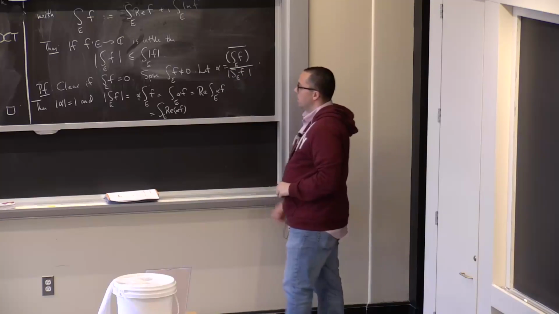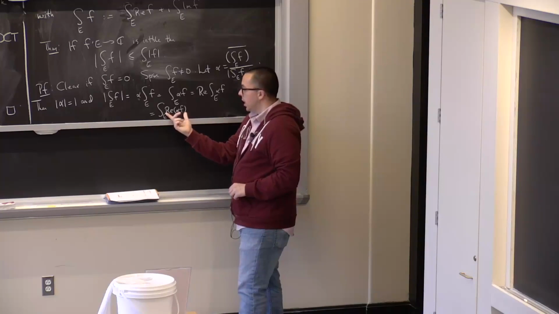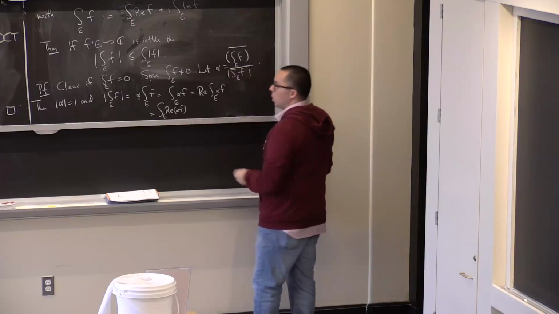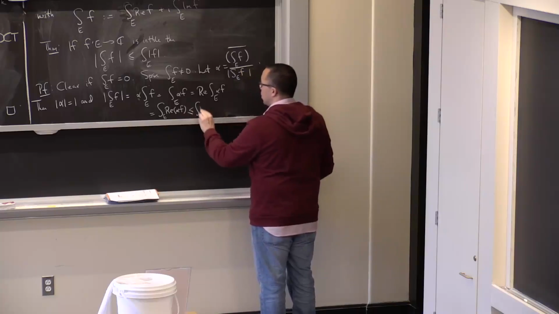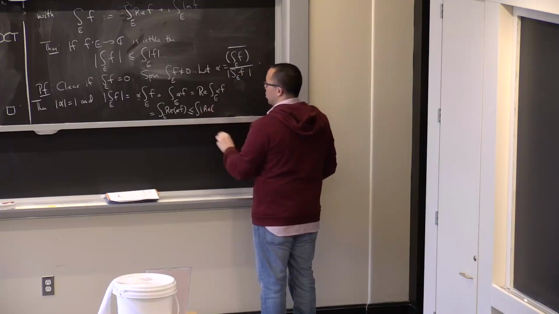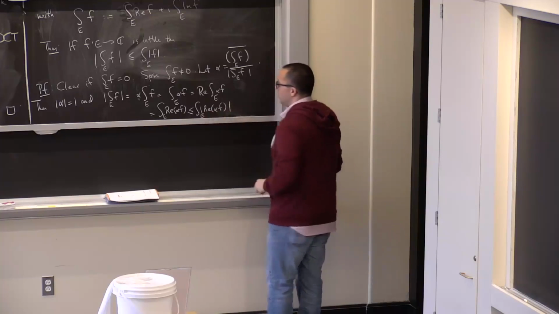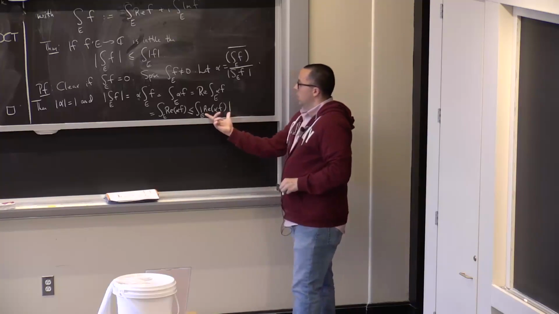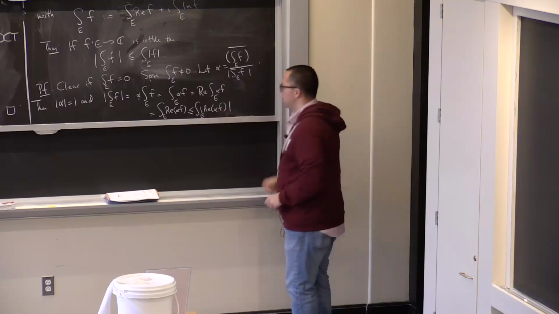Okay? Now this is a real valued integrable function. And we know from what we proved for real valued integrable functions that this is less than or equal to the integral over E of the absolute value of the real part of alpha times f. Now, the absolute value of the real part of a complex number is less than or equal to the modulus of that complex number.